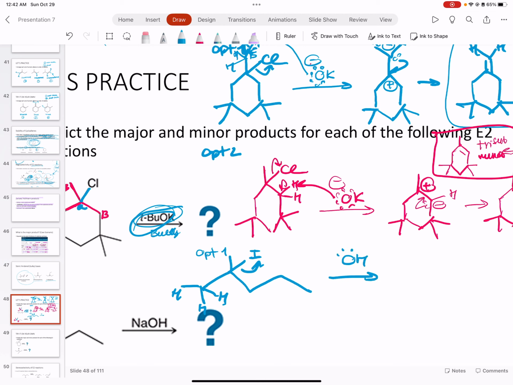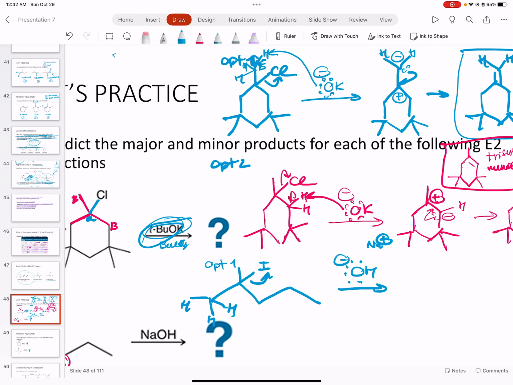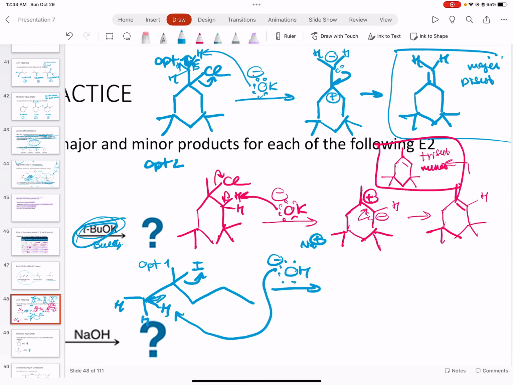Okay, so then I have OH negative. Remember that Na is just gonna be a spectator. So then my base is gonna attack this, or it's gonna take a proton from it. It's gonna do a proton transfer. We're gonna be breaking that bond. Like we mentioned, our halide's gonna leave. This one would end up being positive.